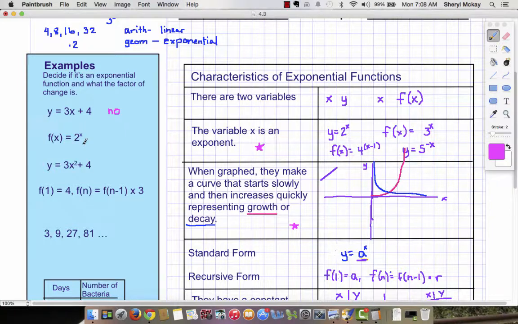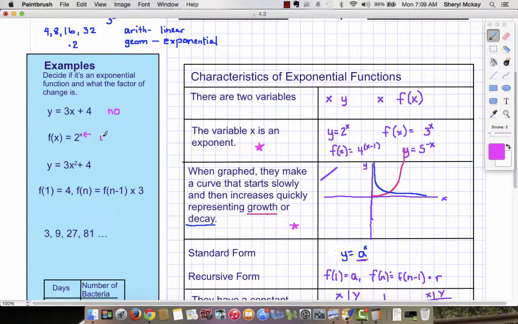f of x equals 2 to the x power. Is that an exponential function? And if so, what is the change factor? All right. Well, hopefully you noticed immediately that the x, the variable, was an exponent.